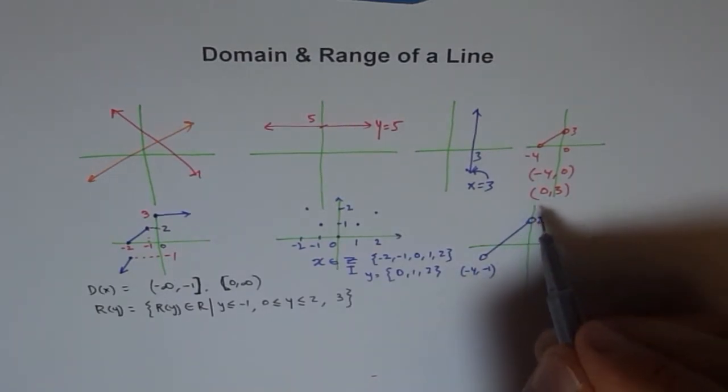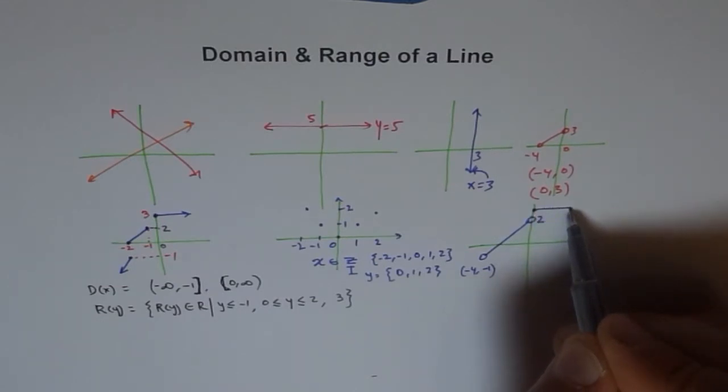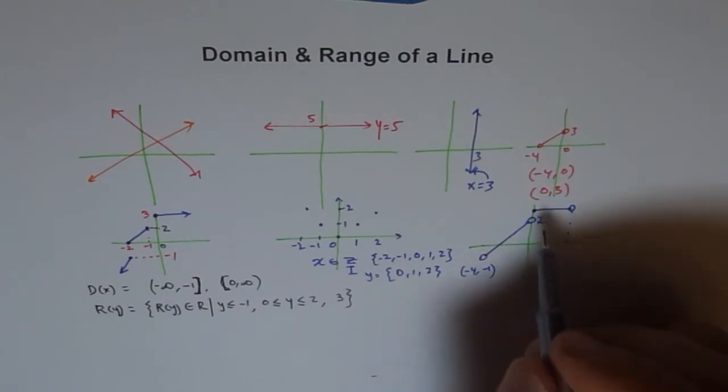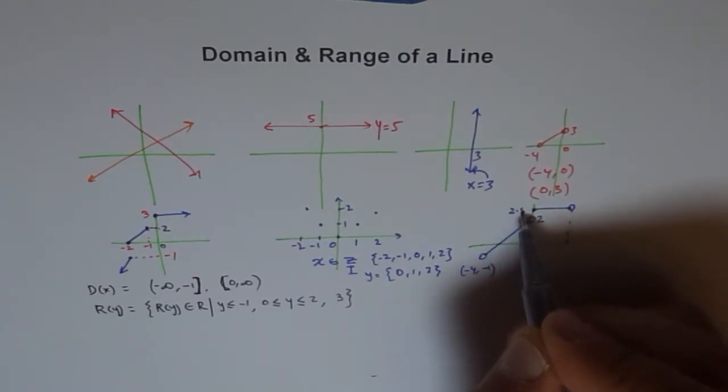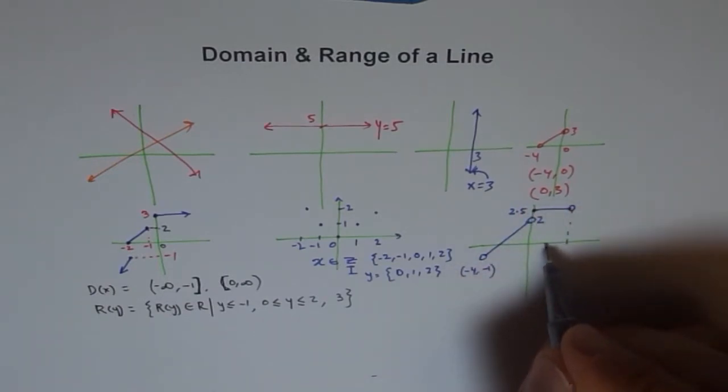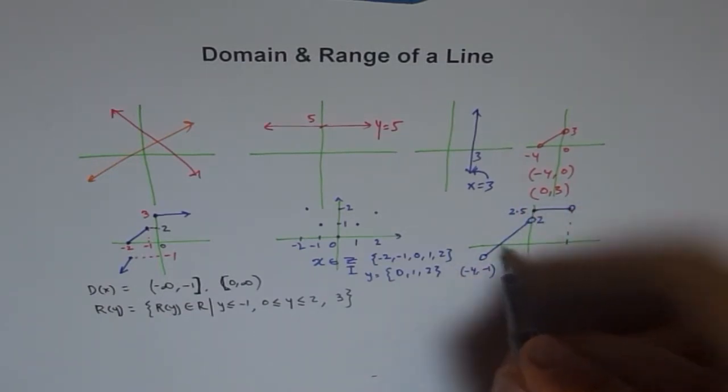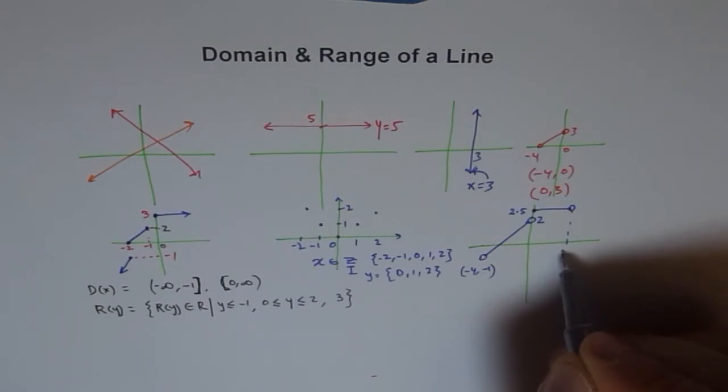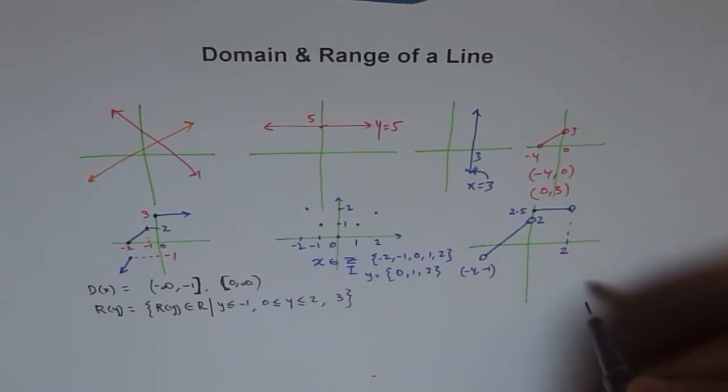And then we have a function from here going straight up to this point, right? Let's say this point is at 2.5, and because we're taking 4 here, let's take this as 2. Okay.